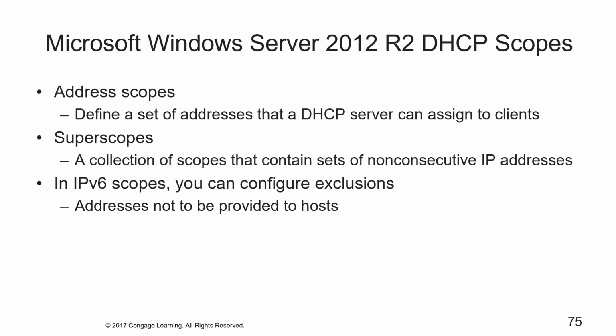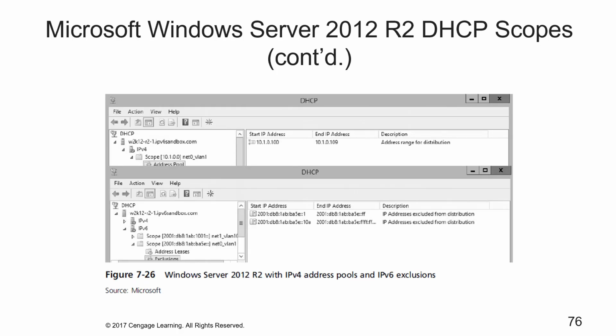And in IPv6 scopes, you can configure exclusions, addresses which are not to be provided to the hosts. So here's an example of IPv4 address pools and exclusions in IPv6 when you're configuring DHCP in Windows Server 2012 R2.